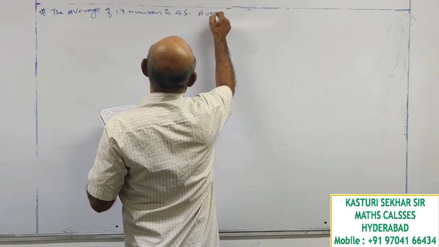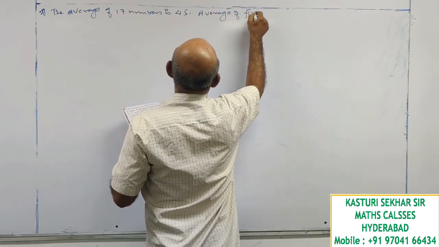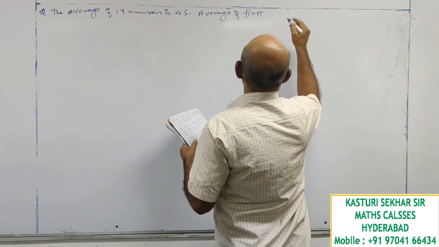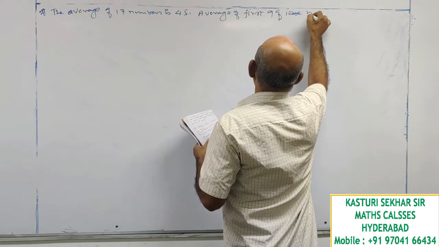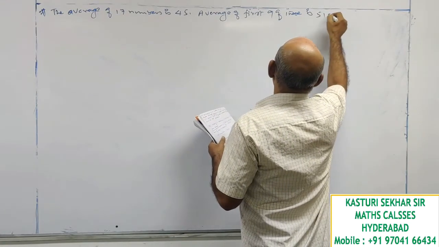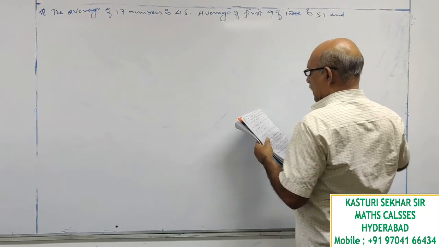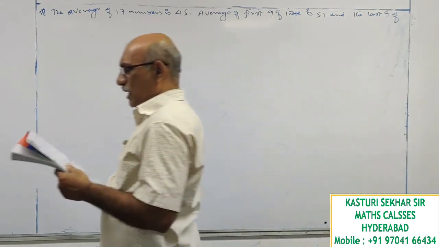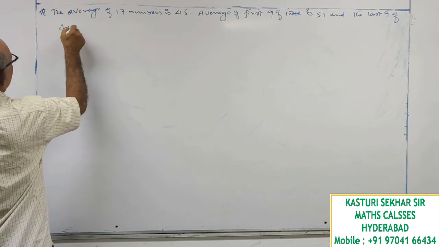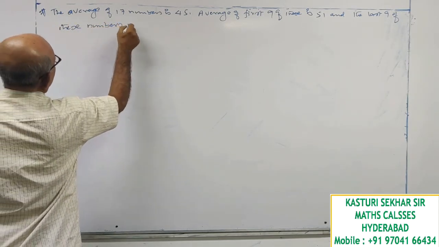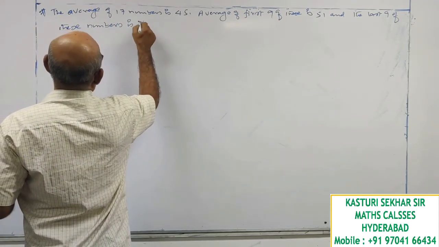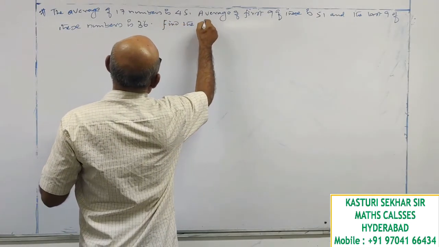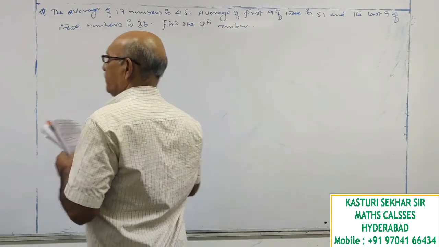Average of first nine numbers is 51 and the last nine of these numbers is 36. Find the ninth number.